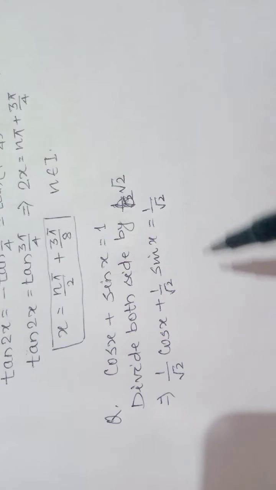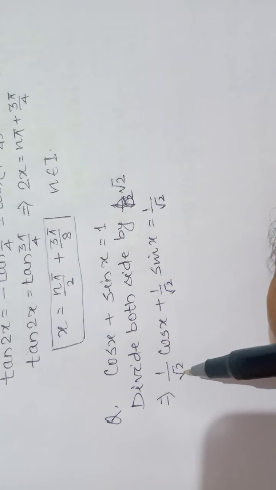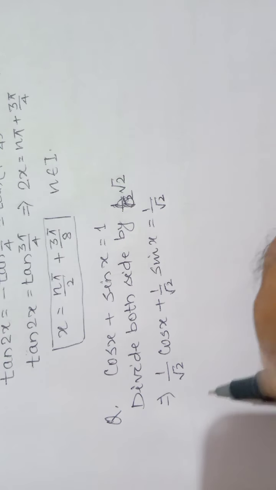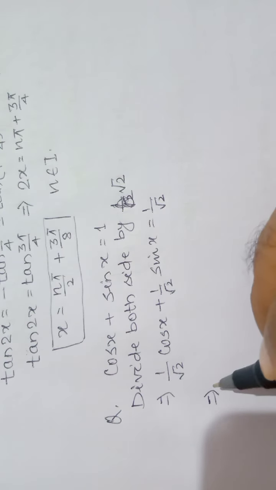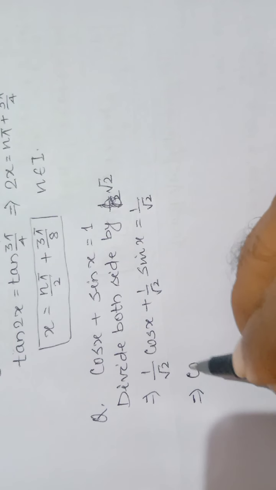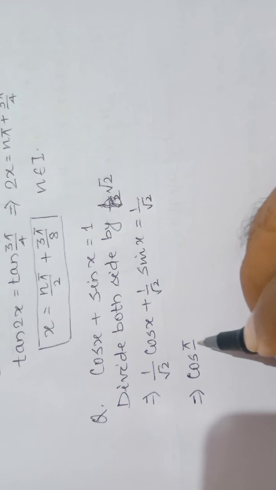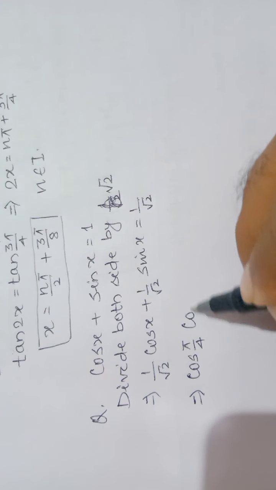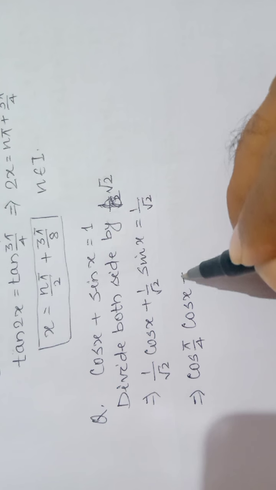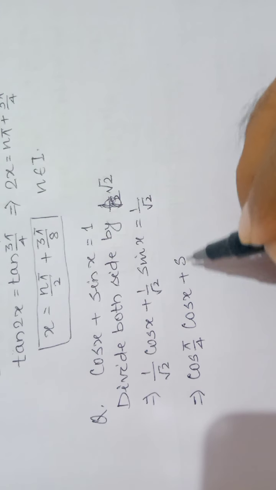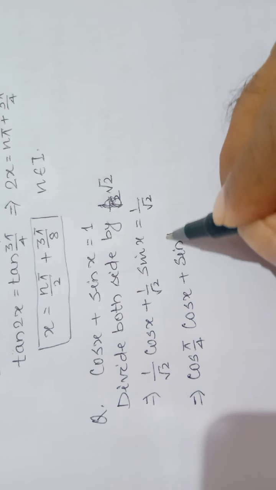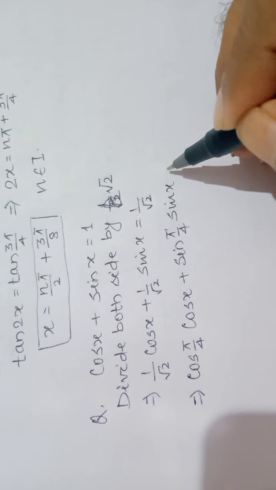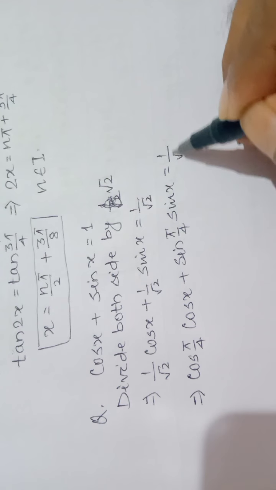Now convert. You may convert in terms of sine also, in terms of cos also, as you wish. So it should be further written as cos pi by 4, which is 1 by root 2, into cos x. Similarly, it should be sin pi by 4 into sin x. That should be 1 by root 2.